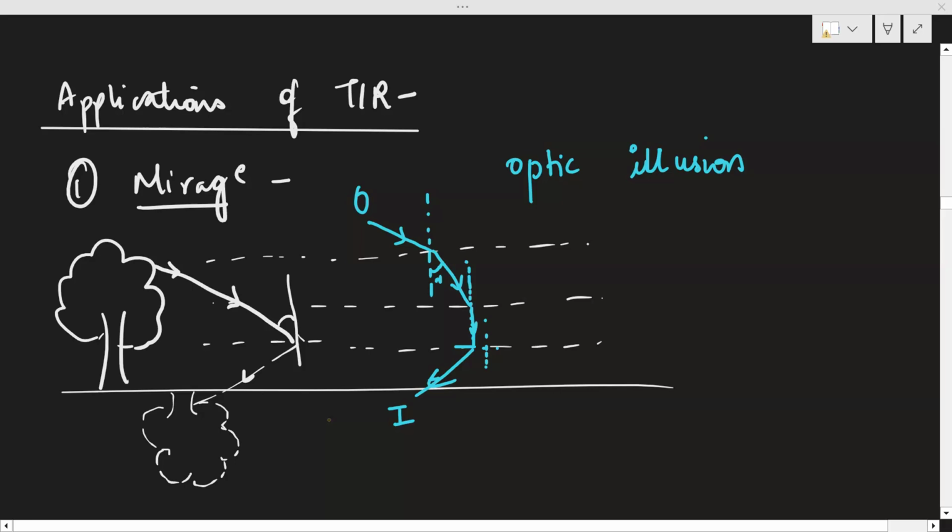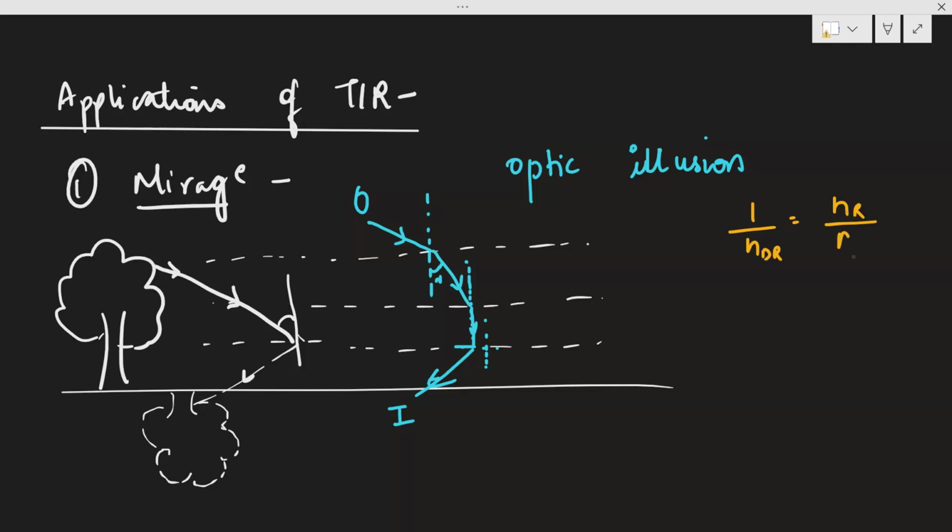See, we have 1 by n_dr, with the rarer above and the denser below, which is equal to sine i_c. So sine i_c is n_r by n_d. They are inversely proportional, so when one decreases, the other increases.